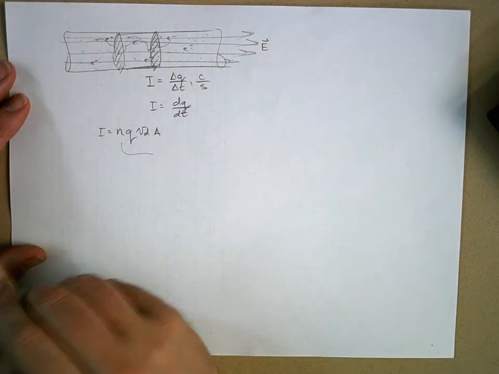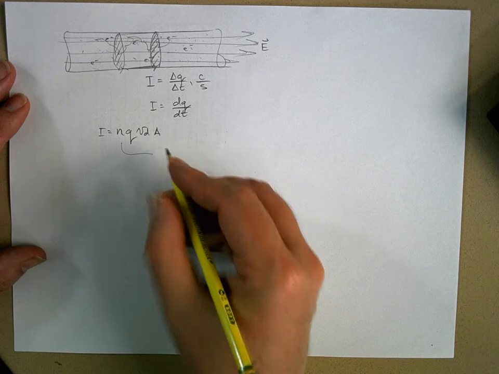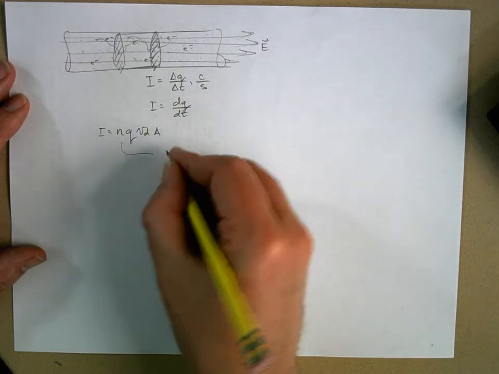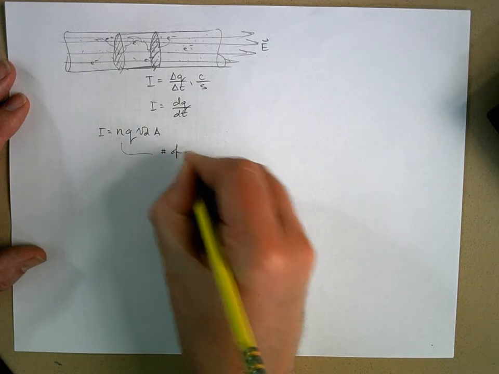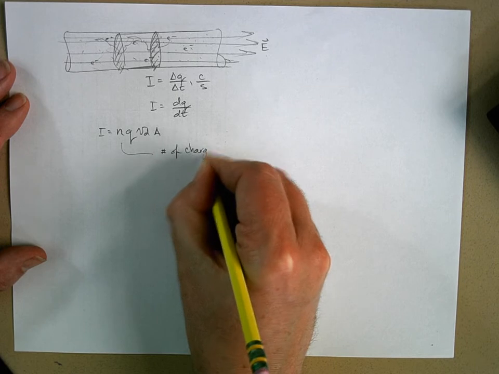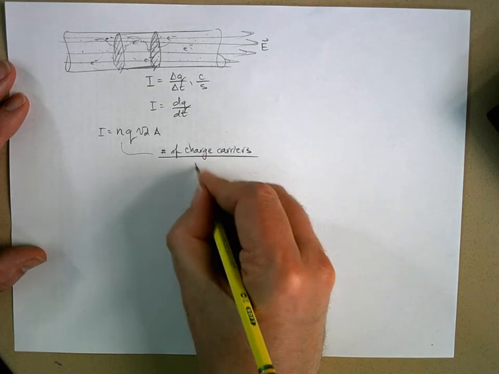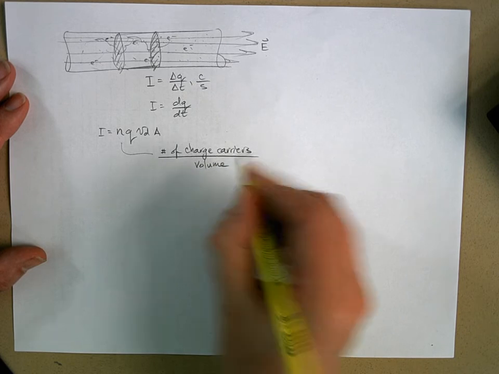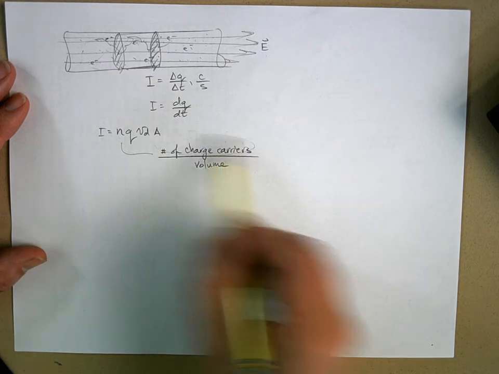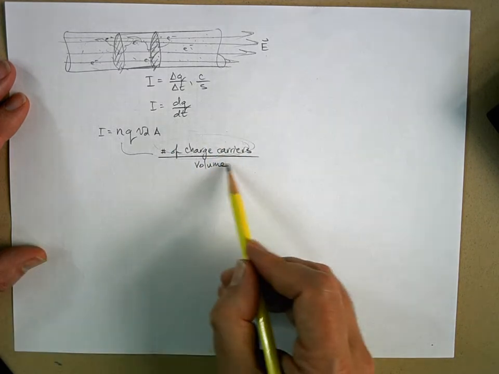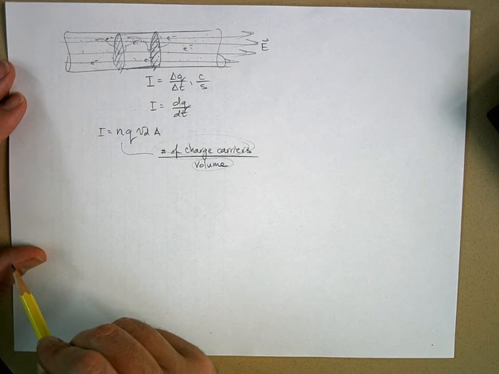Well, what is N? N is the number of charge carriers per unit volume. So it's a number of things per volume.